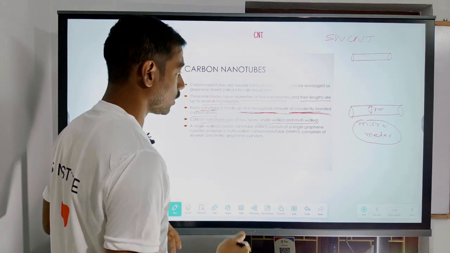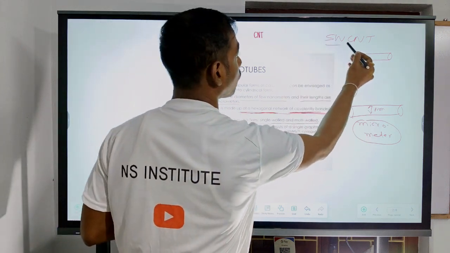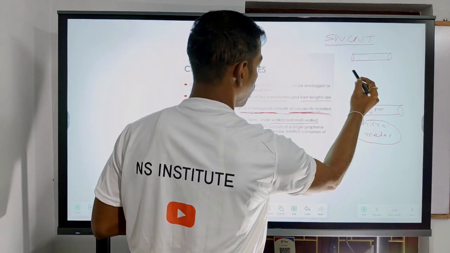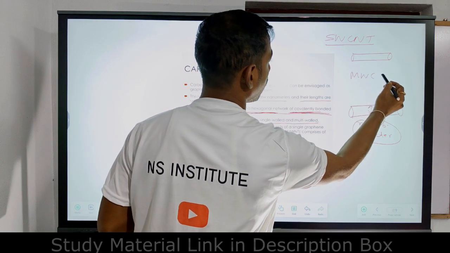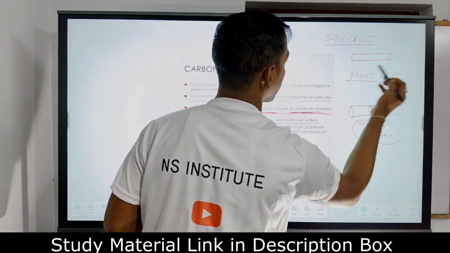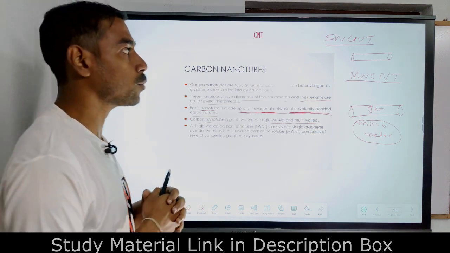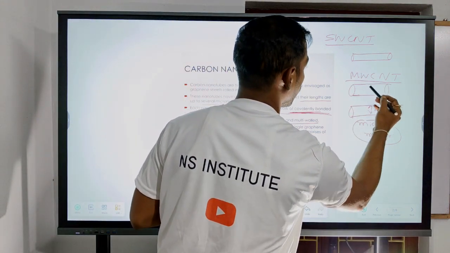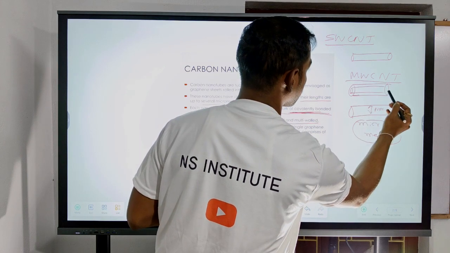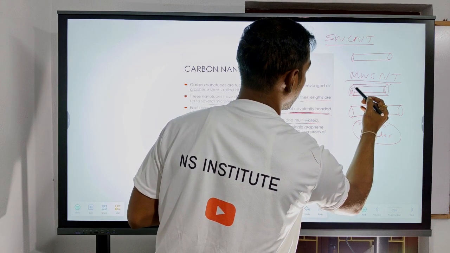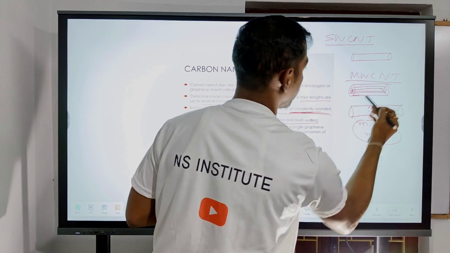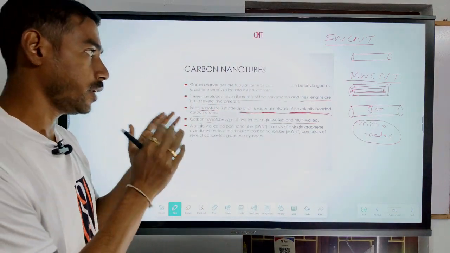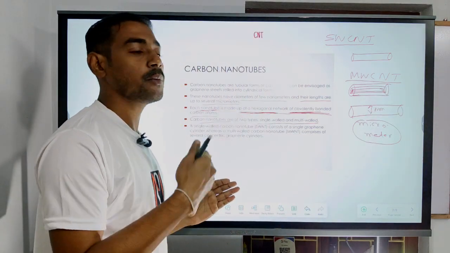Now this is the first type, and the next type is the multiple walled carbon nanotube. This is another type. Multiple walled carbon nanotube means that there will be multiple layers, or you can say that there can be multiple graphene sheets.